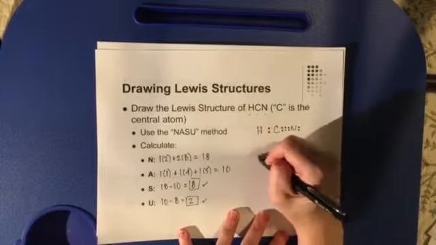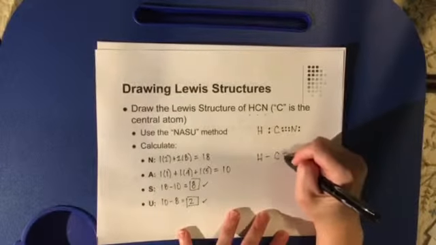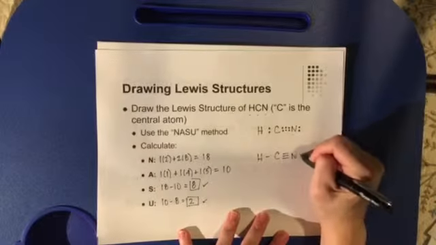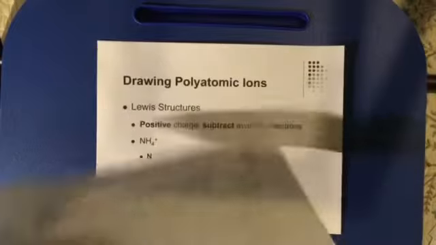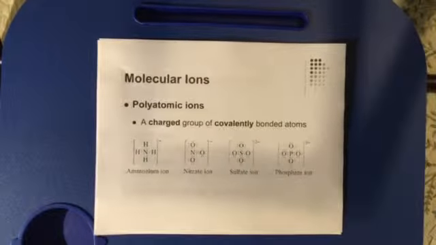You can also draw this like this. Like that. Okay, next we're going to look at our polyatomic ions. Everything's going to be exactly the same, except this carries a charge.